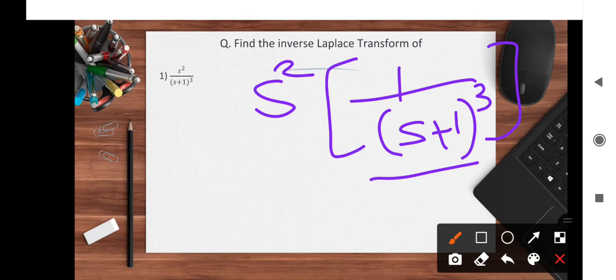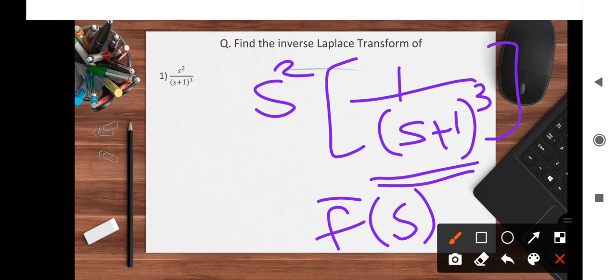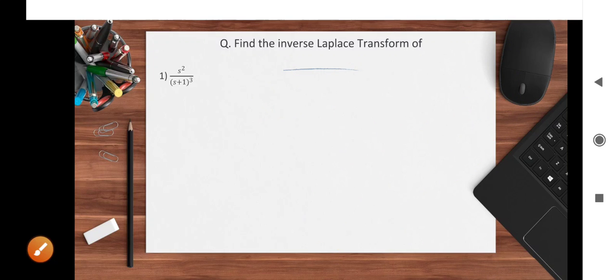Now if I consider this as f bar of s, then I can find its inverse LT using the shifting theorem method. So this f bar of s is correct to apply the method of use of differentiation of f of t. Now we will see the solution step by step.